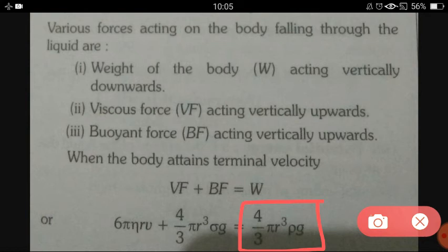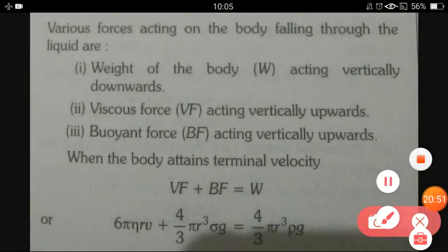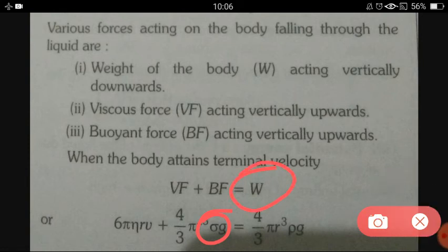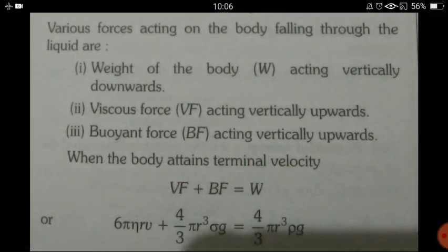Here only one change will be there: in case of weight of the body, we consider the density of the body, rho, but when we discuss buoyant force, we will consider the density of the liquid, which is given by sigma. All other things will be the same.